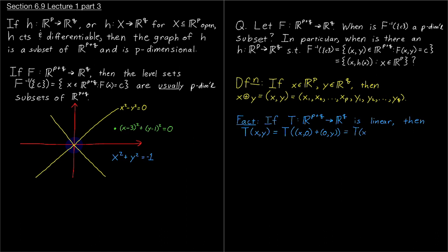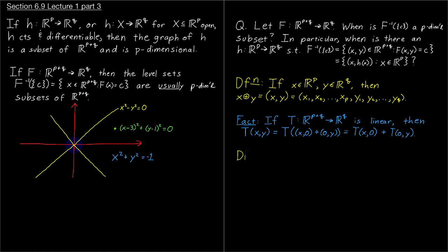That's T of x, 0 plus T of 0, y. So we can break this up. Notice that T of x, 0 is a linear function in x, and T of 0, y is a linear function in y. So any linear function defined on R^(p+q), we can write as the sum of a linear function on R^p plus a linear function on R^q.